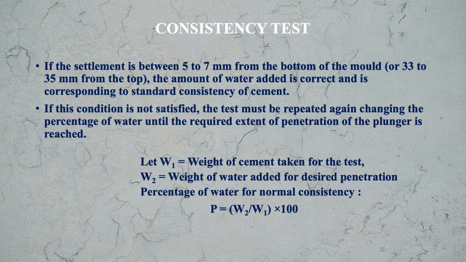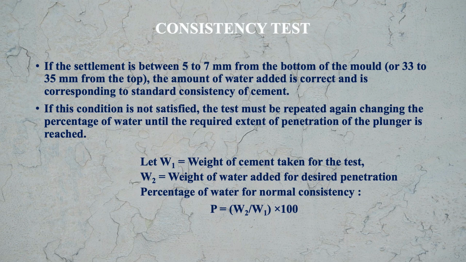The test must be repeated, changing the percentage of water until the required extent of penetration of the plunger is reached, that is, 5 to 7 mm from the bottom or 33 to 35 mm from the top. Until we achieve this, we will change the percentage of water and repeat the test. Once we achieve this penetration, that percentage of water will be reported as the standard consistency.